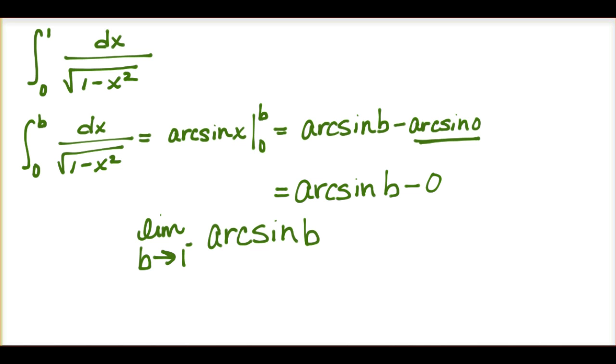And as b approaches 1, we're being asked the question, where is the sine value 1? And the sine has a value of 1 at pi over 2. So since we end up with an answer, we can say this converges. And the answer is pi over 2.